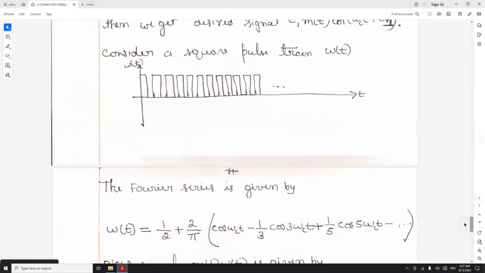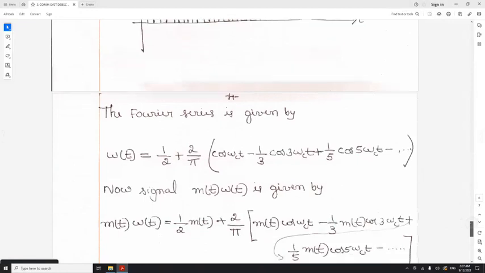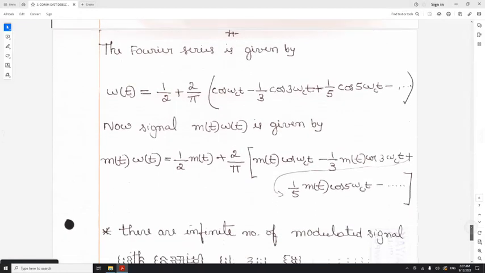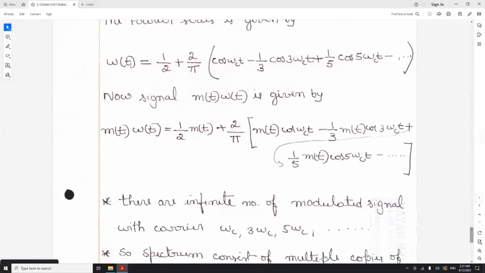The Fourier series expansion of this square pulse train, which I have calculated already, is given by this.